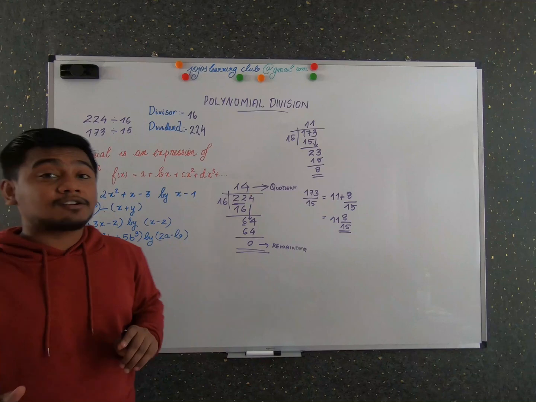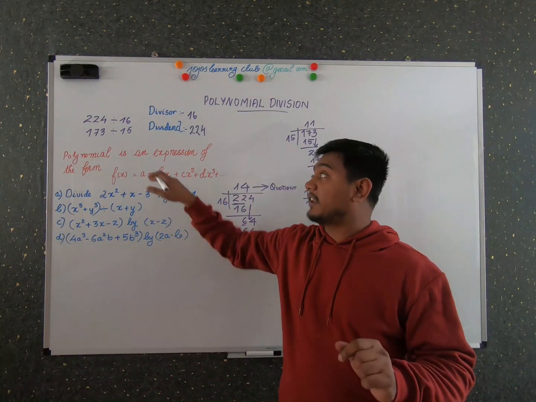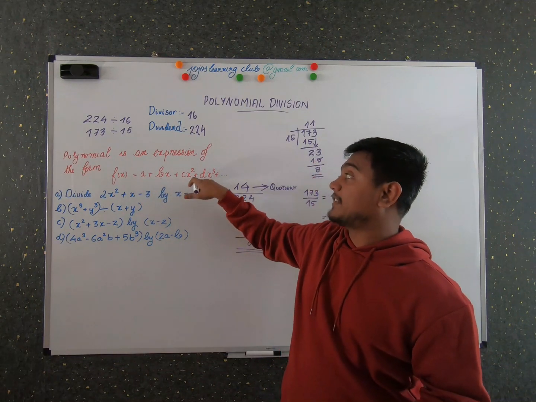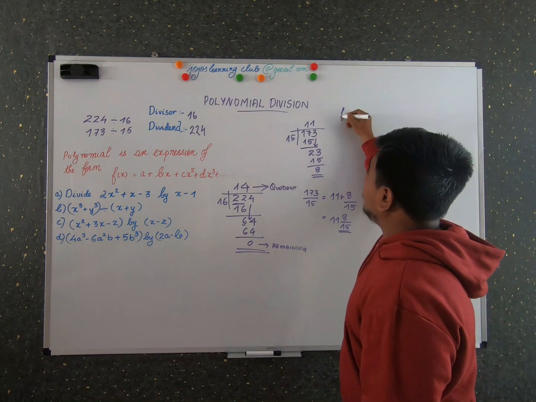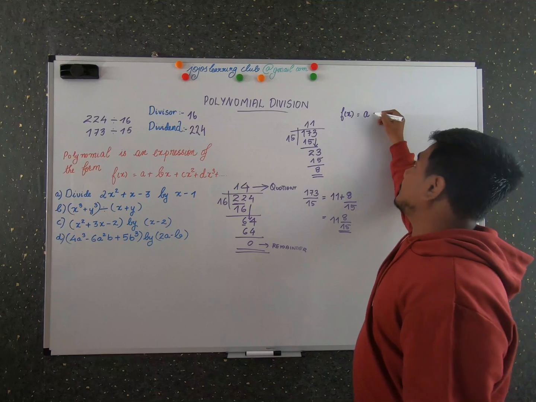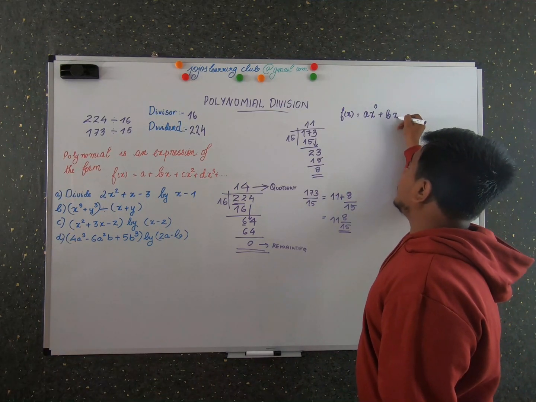And now let's come back to polynomial division. A polynomial is something written in the form a plus bx plus cx square plus dx cube and so on. So I'll write it again: f of x is equal to a into, why is there no x term? Because actually it is x raised to 0, plus b into x raised to 1.